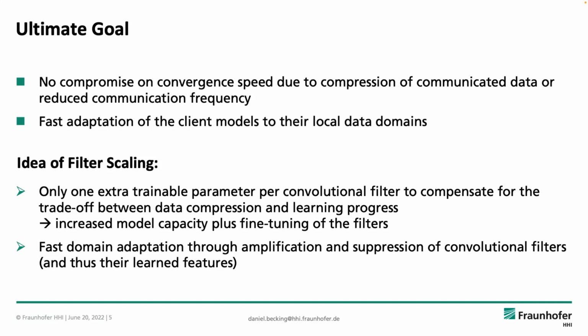So we came up with the idea of filter scaling on top of a compression pipeline, which implements only one extra trainable parameter per convolutional filter to compensate for the trade-off of this data compression and learning progress.